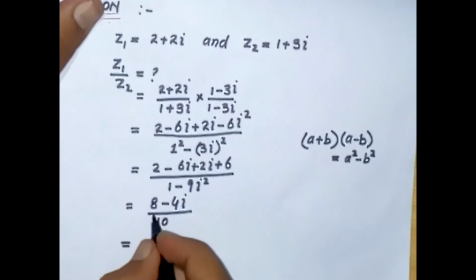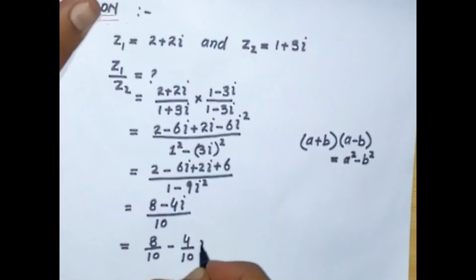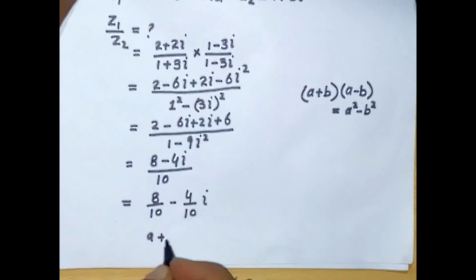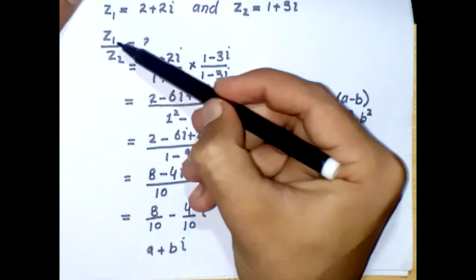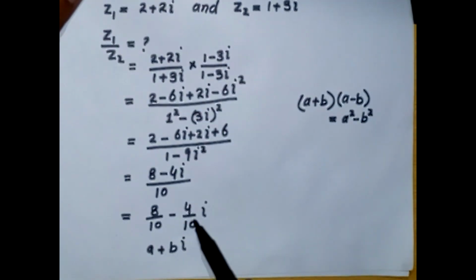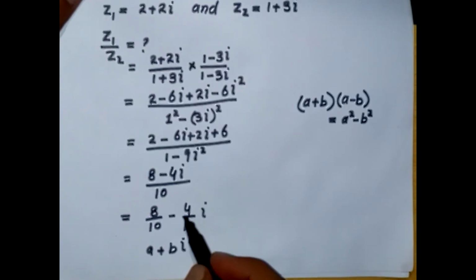So the number becomes, let's separate these two numbers, 8 divided by 10 minus 4 divided by 10 i, which is in the form a plus bi. So the division of two complex numbers gives a third complex number. 8 divided by 10 is the real part and minus 4 divided by 10 is the imaginary part.